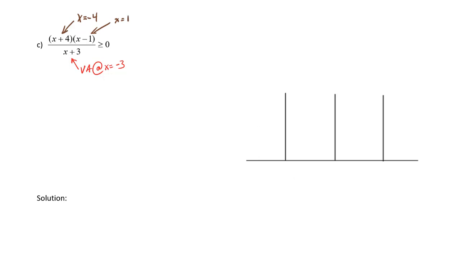So let's make note of these things. We have a vertical asymptote at negative 3. We have a root at negative 4. And we have a root at 1.